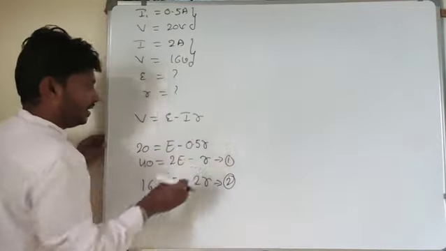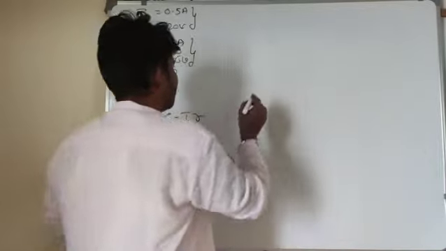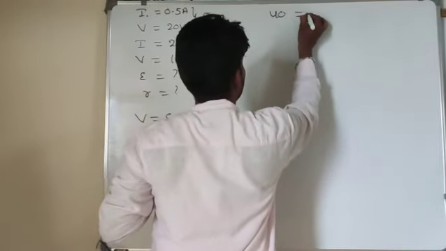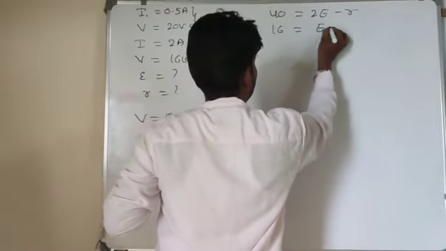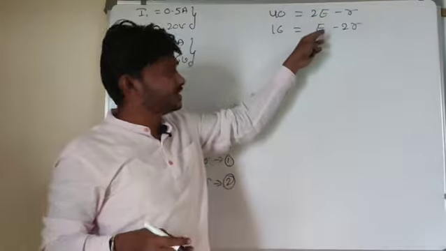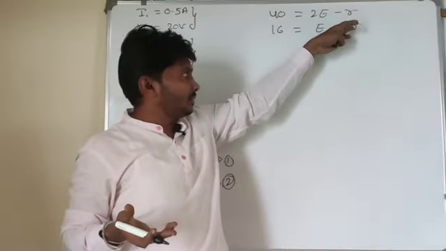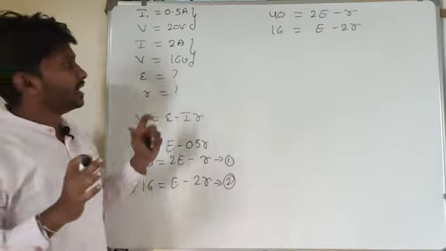Now I have equations 1 and 2, so I will subtract these two equations. 40 is equal to 2E minus R, 16 is equal to E minus 2R. Here 2E is there, here E term, here R term, here 2R term, so no terms are getting cancelled out.